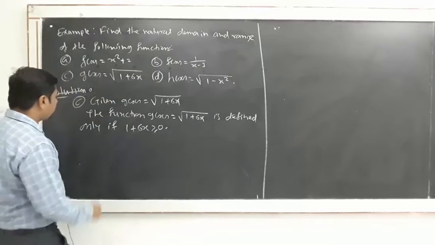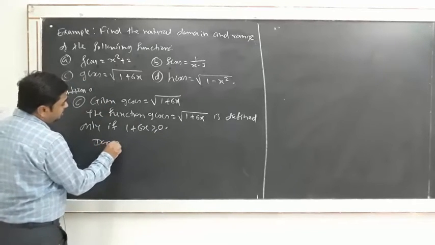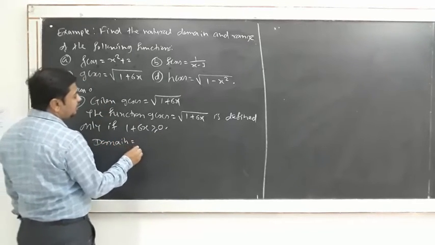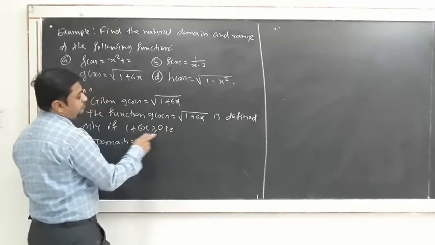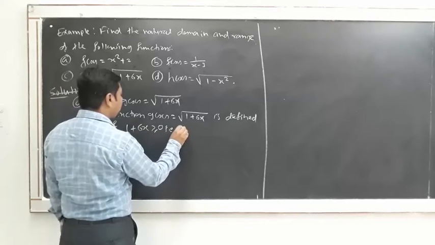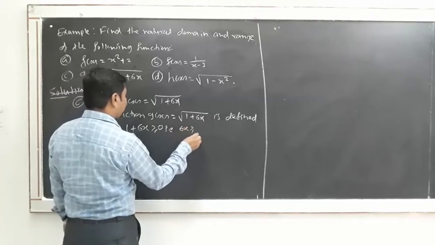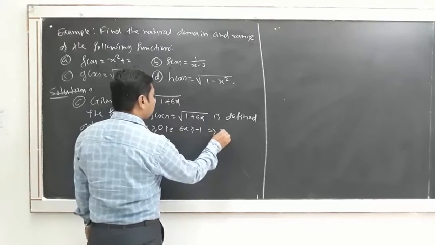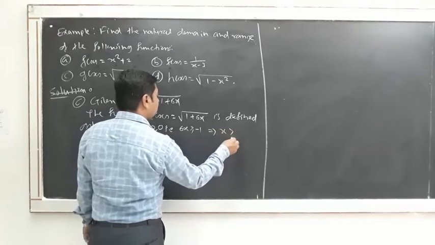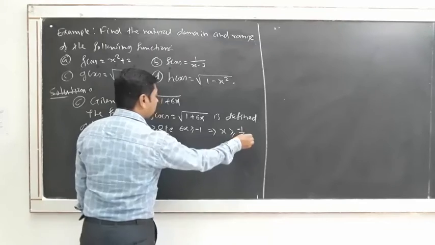So what can we write as our domain? Domain is the set. You can do simplification here. Here you can write 6x is greater than or equal to minus 1, and this can be written like this, x is greater than or equal to minus 1 by 6.